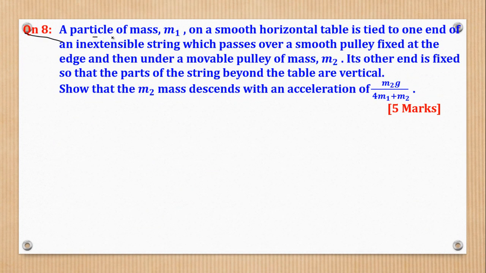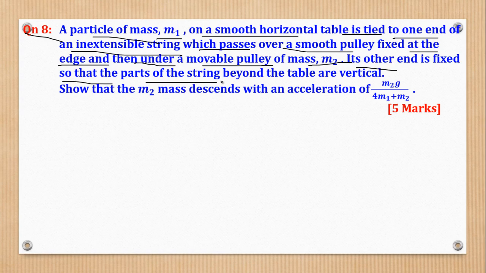Question 8 says, a particle of mass m1 on a smooth horizontal table is tied to one end of an inextensible string, which passes over a smooth pulley fixed at the edge and then under a movable pulley of mass m2. Its other end is fixed so that the parts of the string beyond the table are vertical.